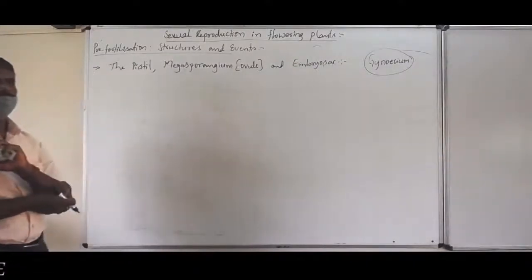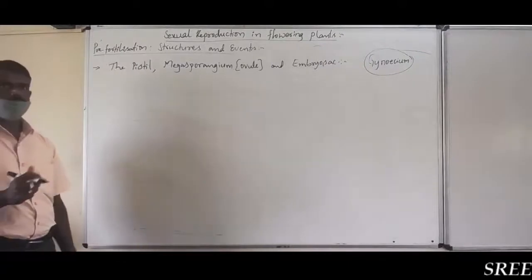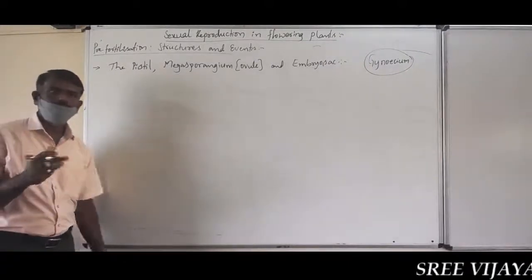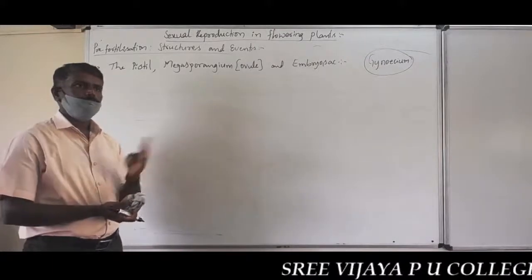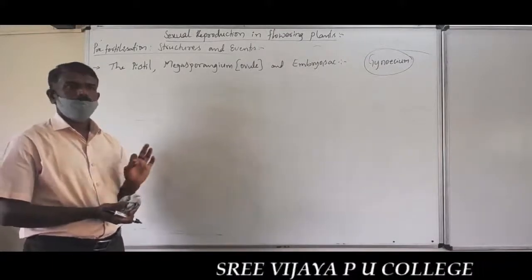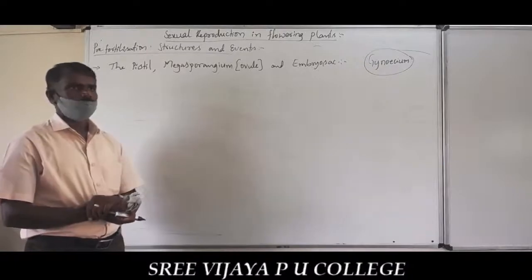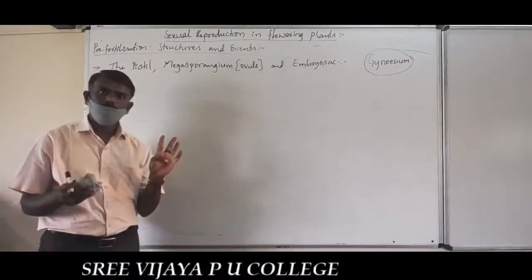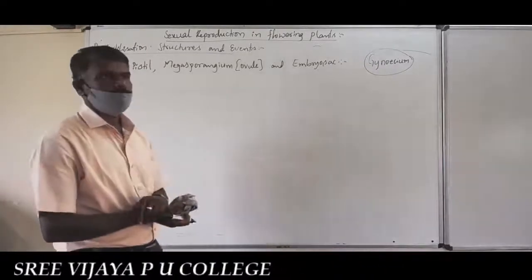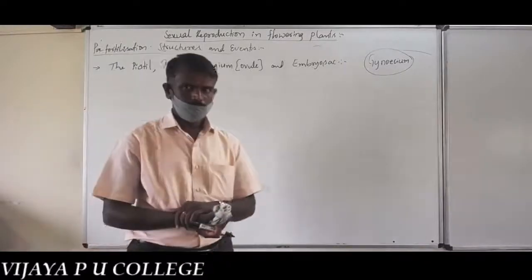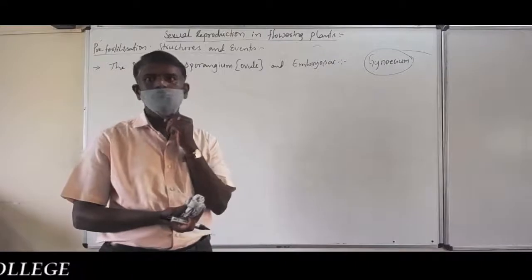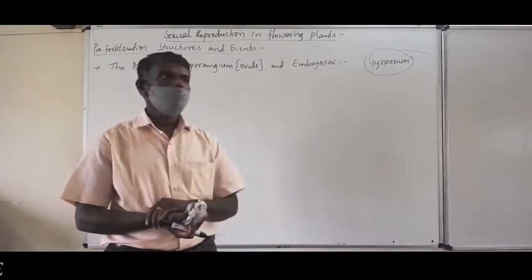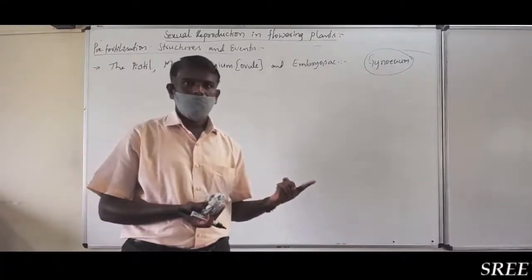As we discussed in the previous class, a flower consists of 4 whorls: calyx, corolla, androecium, gynoecium. The calyx is the outer layer, or first whorl of the flower, whose units are called sepals.